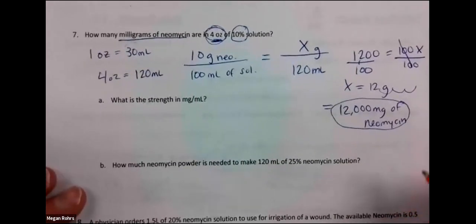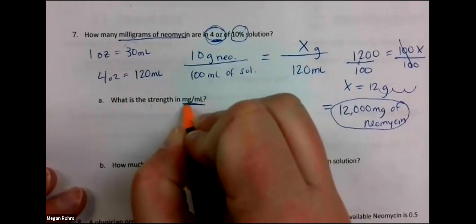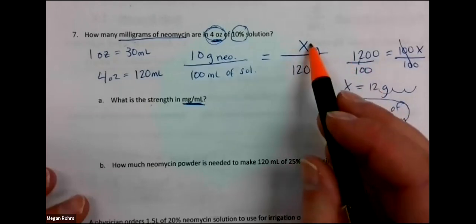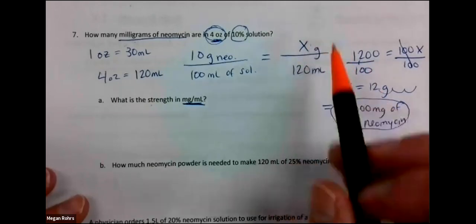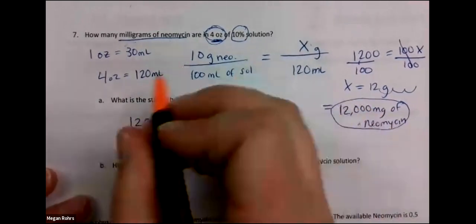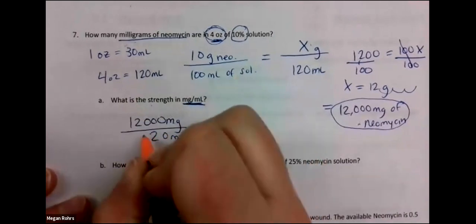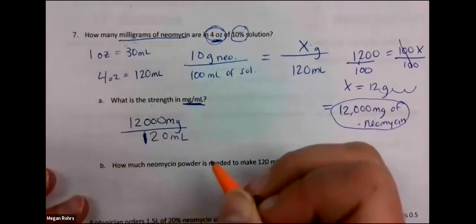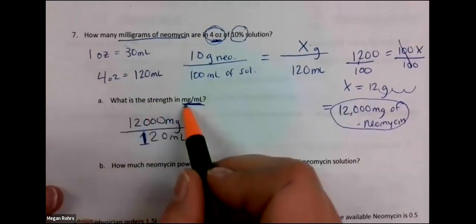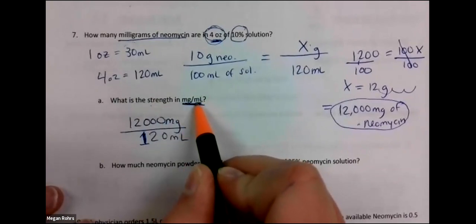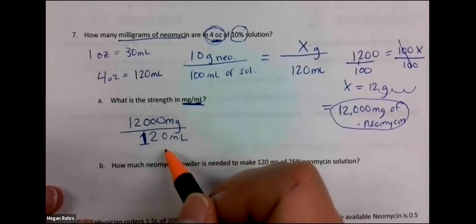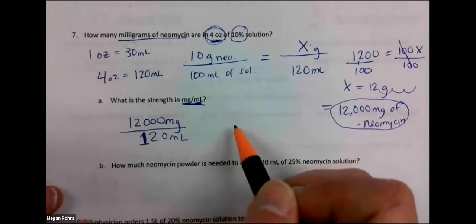Now this next question says, what is the strength in milligrams per milliliter? Well, we just changed our grams here to milligrams. So I know that there are 12,000 milligrams in 120 mils of solution. But they're asking us basically how many milligrams are in every 1 milliliter of solution. So the easiest way to do this, you can simply just divide this fraction, and that will give you your milligrams per mil.